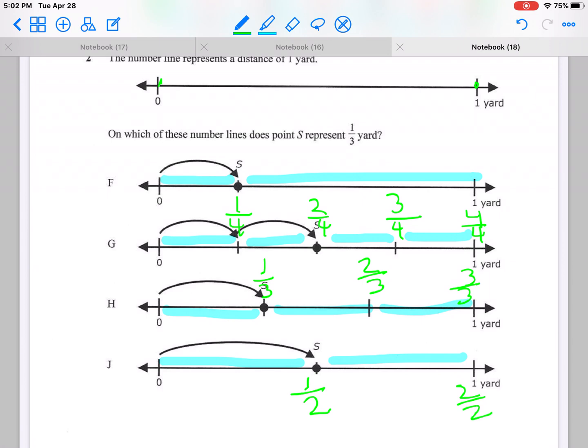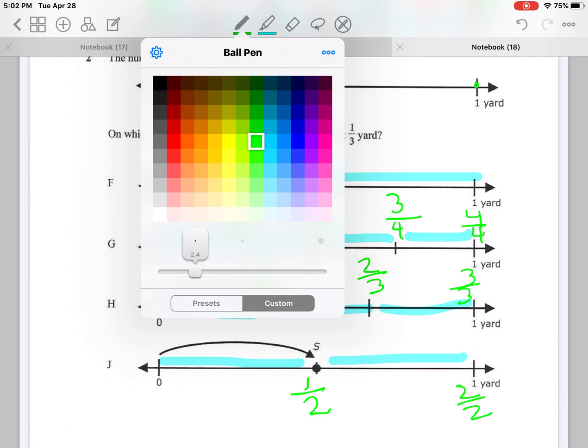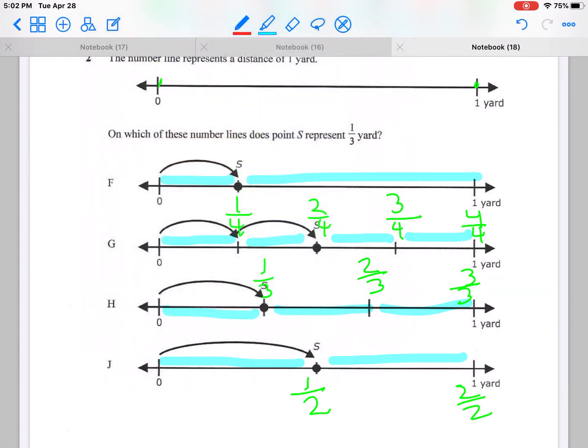Let me go back to my question now. It's very important that I understand my question. On which of these number lines does point S represent 1/3? I'm looking at point S. Let me find point S right there. Point S is right there, and point S is right there.